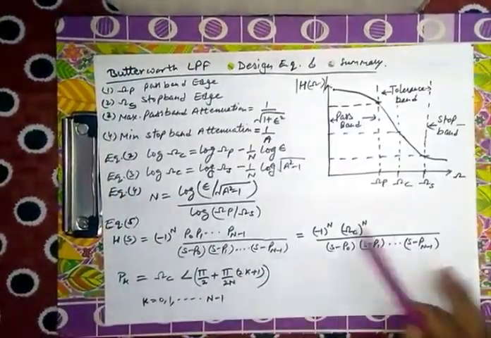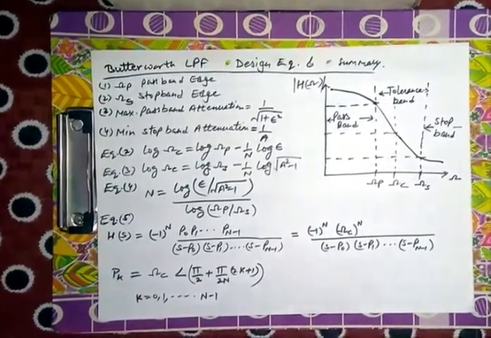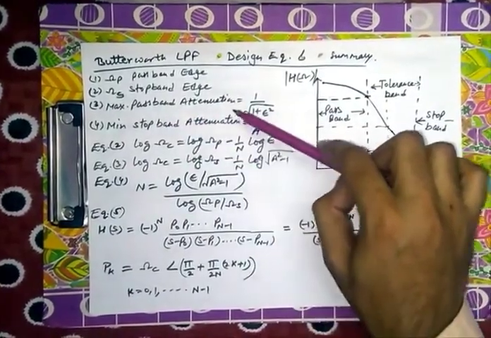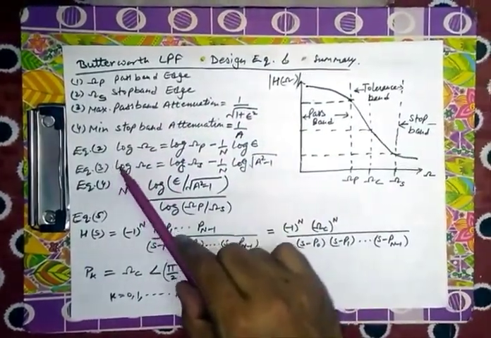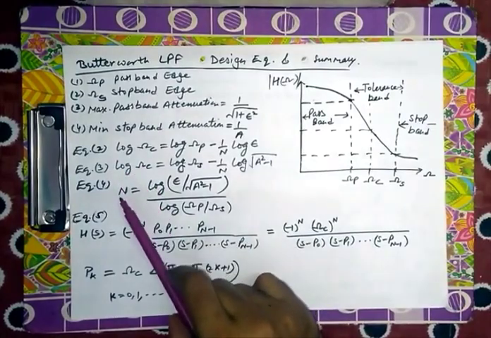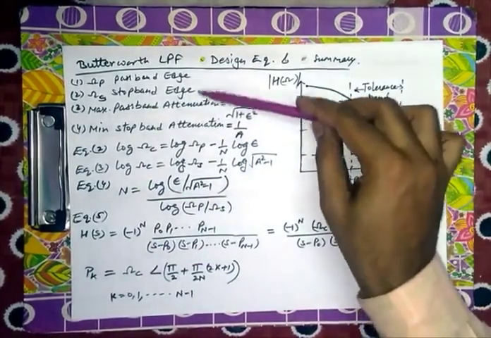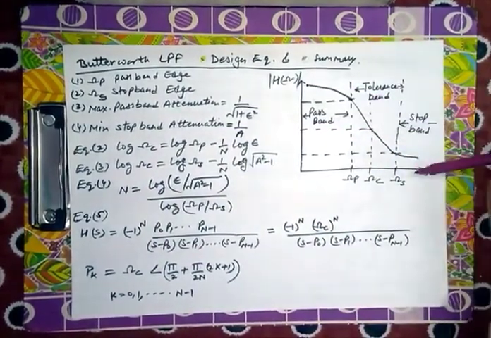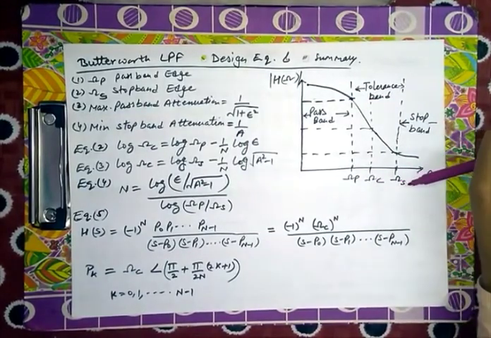But this is the design summary of any Butterworth low pass filter design. We must have the pass band edge, stop band edge, maximum pass band attenuation, minimum stop band attenuation, and equations number 2, 3, 4, 5. These are the results of designing. These should be the specification, and this is the standard diagram of a low pass filter having omega p, pass band edge, cutoff, and stop band edge.